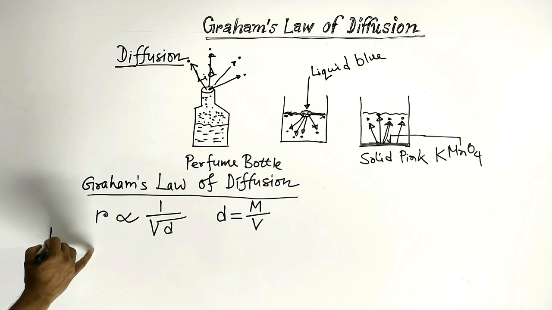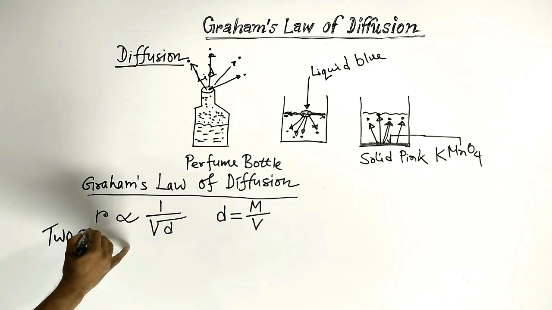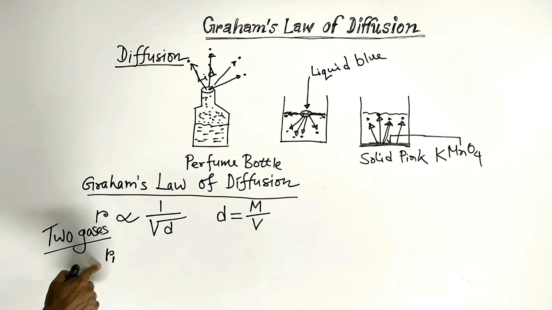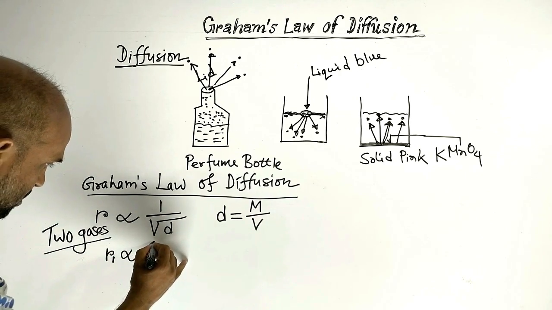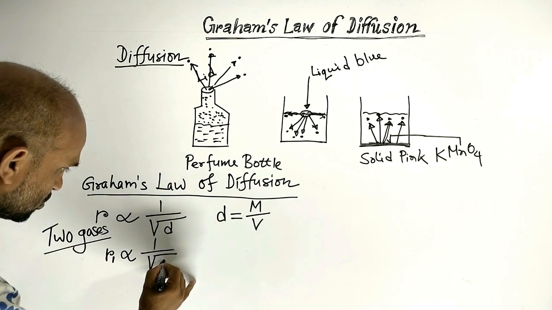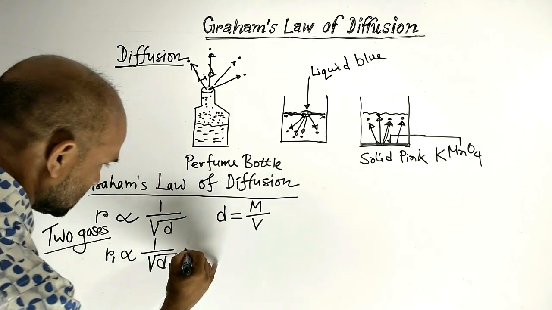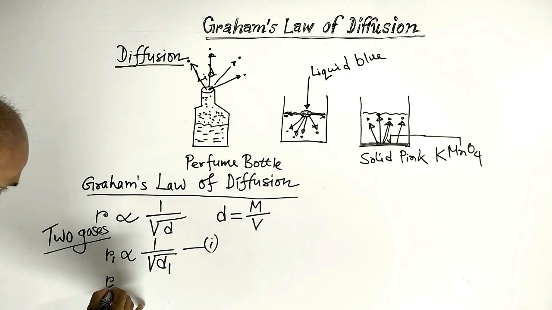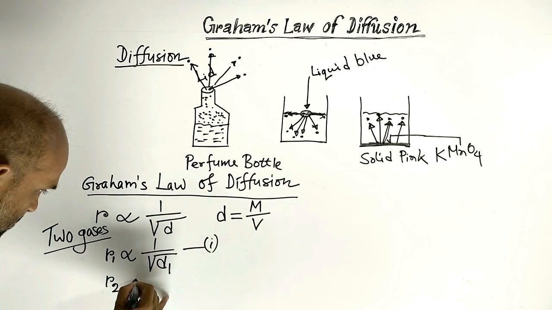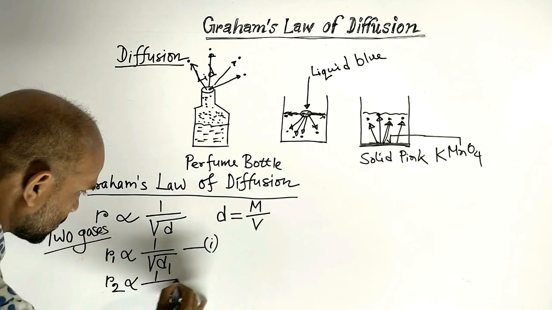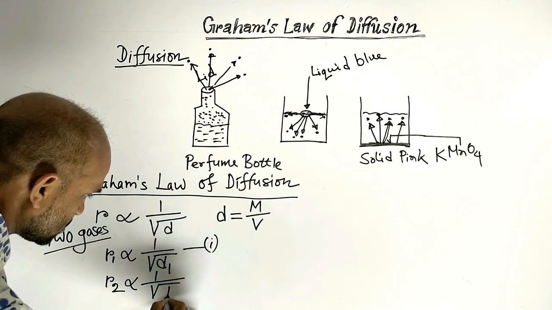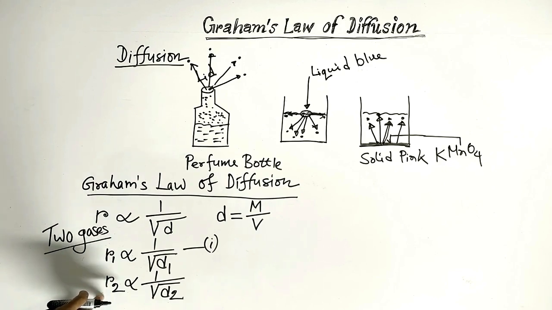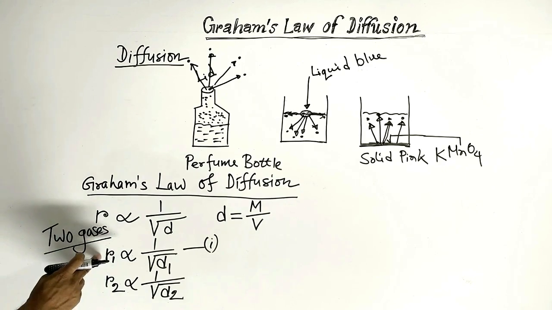For two gases, we can write rate of diffusion is inversely proportional to the square root of its density. This is equation number 1. For the second gas, rate of diffusion is inversely proportional to the square root of its density. R1 and R2 are rates of diffusions of two gases.